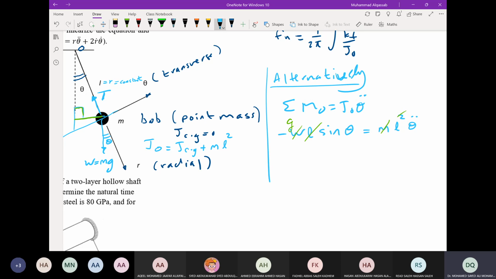Then dividing by L, the equation becomes theta double dot plus g over L sine theta equals 0, which is the same equation we obtained with the first approach. Linearizing, we get theta double dot plus g over L theta equals 0, and then omega n equals square root of g over L.